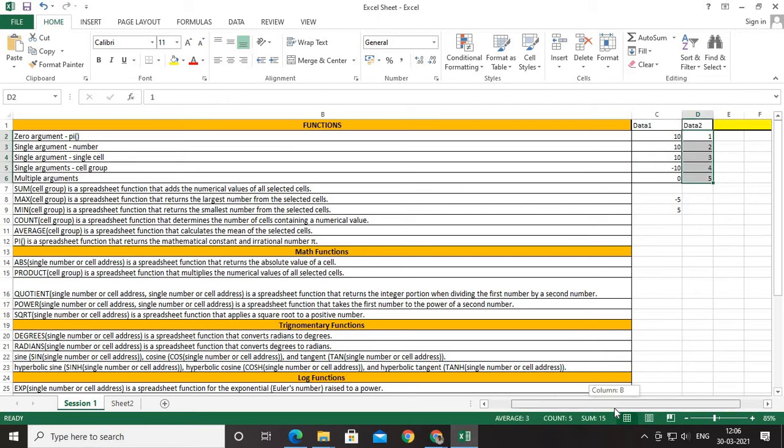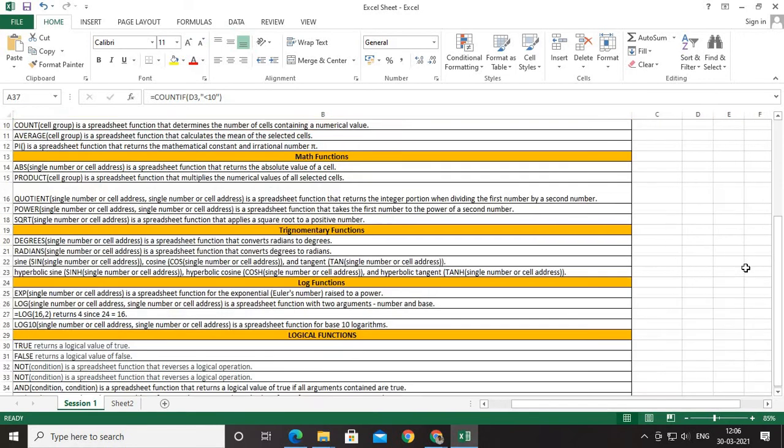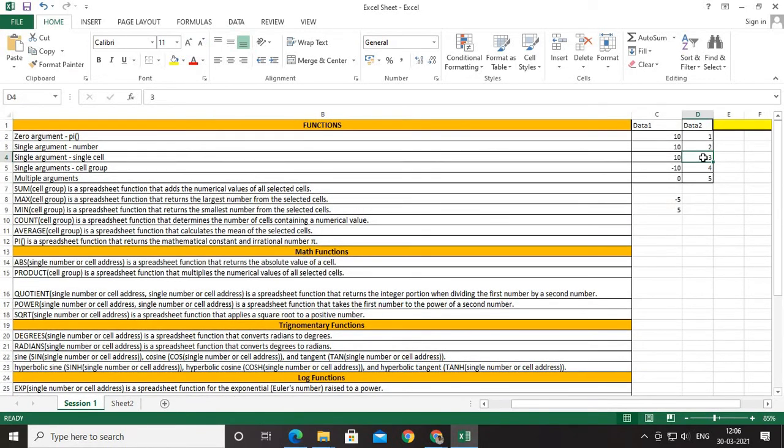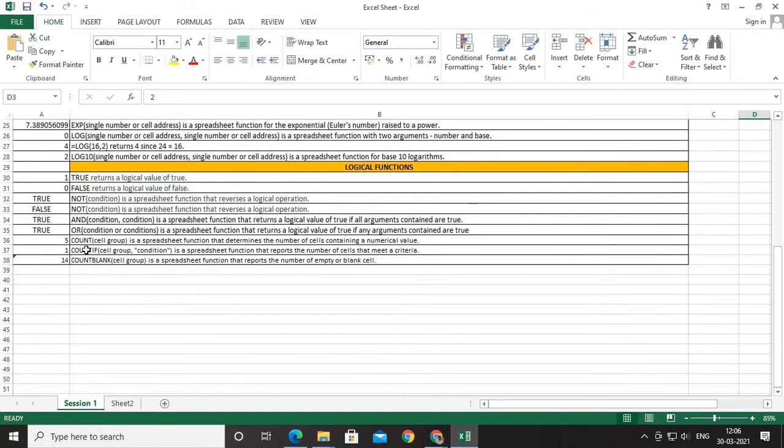D3 less than 10. So the reply here is only one cell. D3 has the value less than 10, so it is met properly, so 1 is the output. So we got it. The condition is met, and if it is met, it will be included in the output.